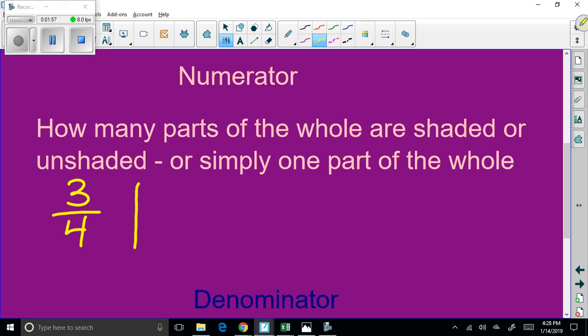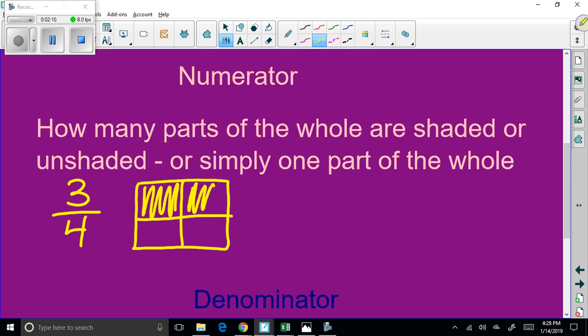So in my example, in my fraction right here, I have 3/4. That means I have one whole thing broken into 4 equal parts, and 3 of those parts I am going to shade. I could have left 3 of those parts blank, and that also would have represented 3/4.